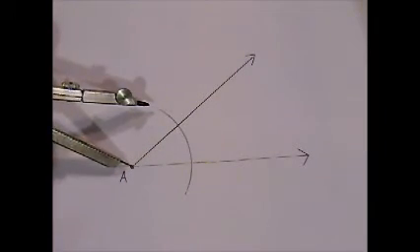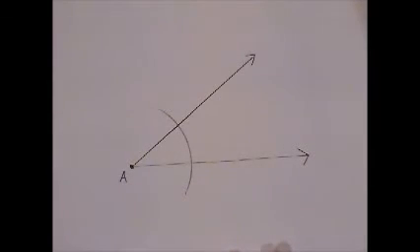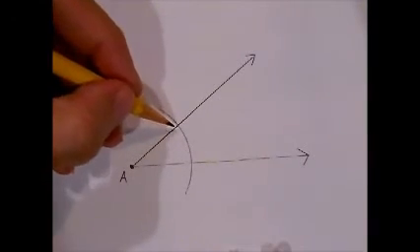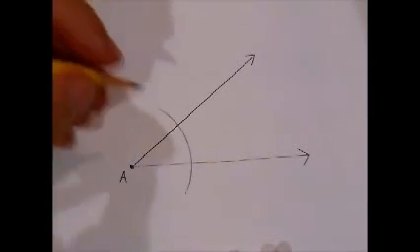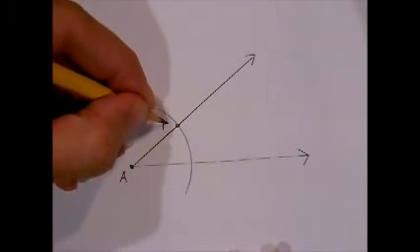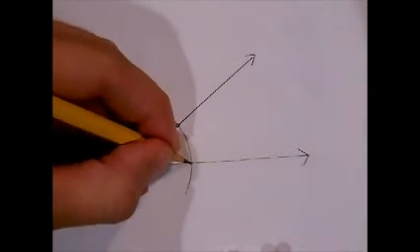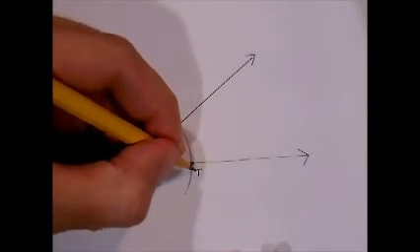Next, set the compass aside. You're going to call the intersections of the arc with the sides of the angle A point H and point T.